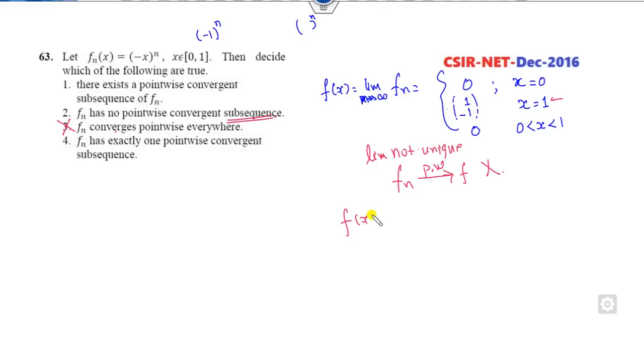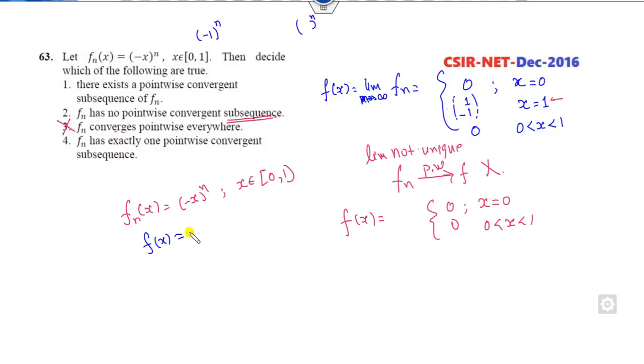If I define a sequence that is 0 when x is 0, and the same function when x is in [0,1) but 1 is not included, then clearly the limit of fn(x) will be 0. So it means it has a subsequence which is pointwise convergent. So there is no pointwise convergent subsequence, cancel out.